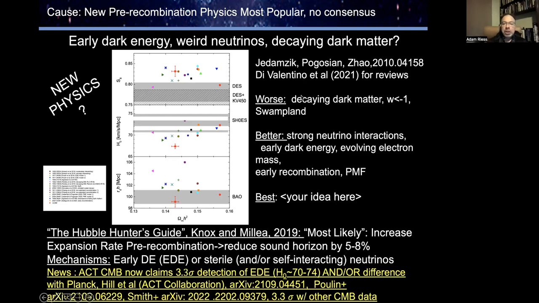I'll also mention that the most likely solutions are the class of solutions which alter the universe when it was young, before recombination, that in particular cause the universe to expand faster at early times, to make it become transparent earlier.